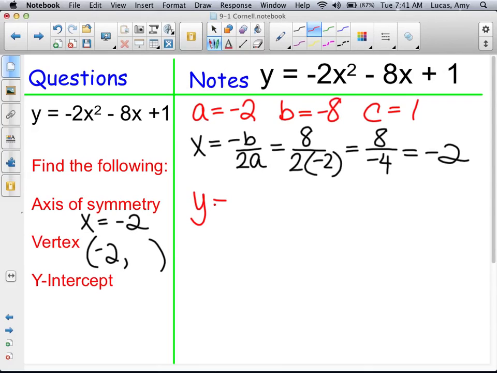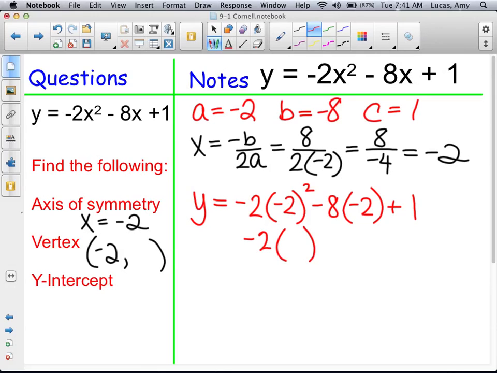When I plug it in parentheses again, we'll be very careful with our order of operations. You always do your exponent first. Negative 2 squared is positive 4. Now, when I'm multiplying, a positive and a negative, negative 8. 2 negatives is positive 16.